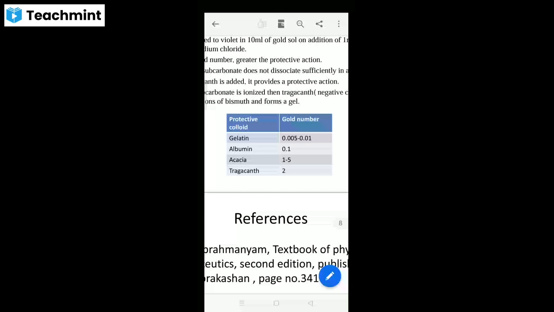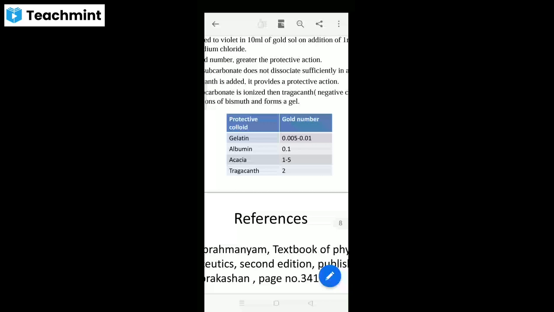So here it is a simple comparison. Gelatin is effective with minimum quantity, minimum weight. Although the weight is less, it is achieving its target. It has the capability to protect the hydrophobic sol with minimum quantity. But at the same time, for protection, tragacanth is needed in more quantity.